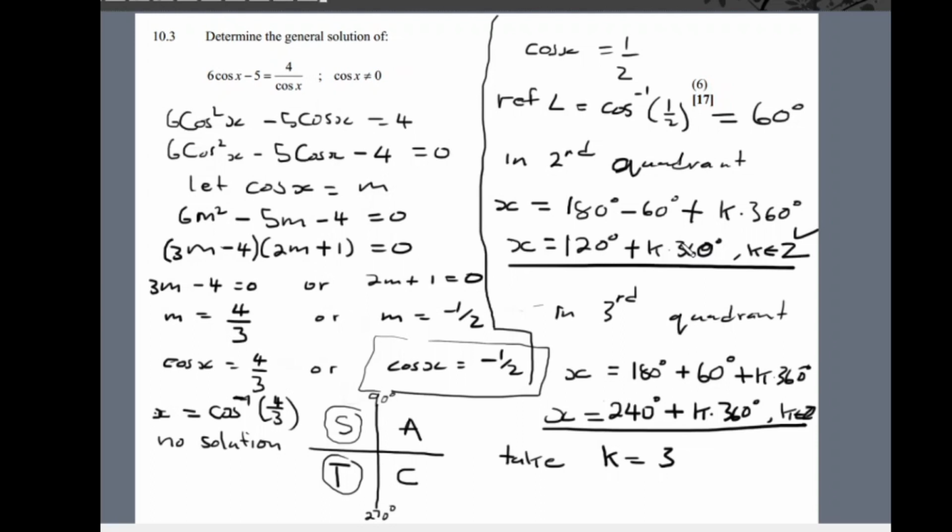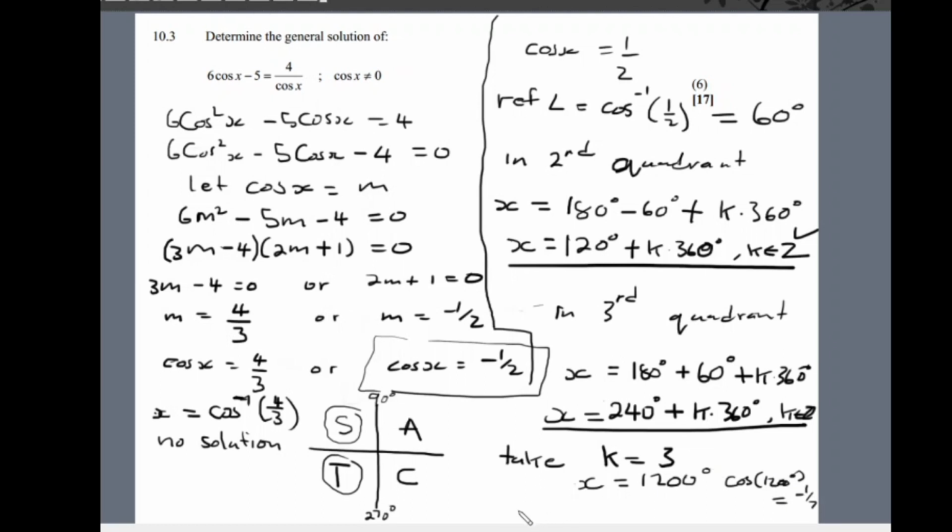And then if you say cos 1200 degrees, that will be equals to minus 1 over 2 still. So if you take k is equals to 3 in the second quadrant solution, x will be equals to 1200 degrees, and if you substitute cos 1200 degrees, you will still get minus 1 over 2, right?